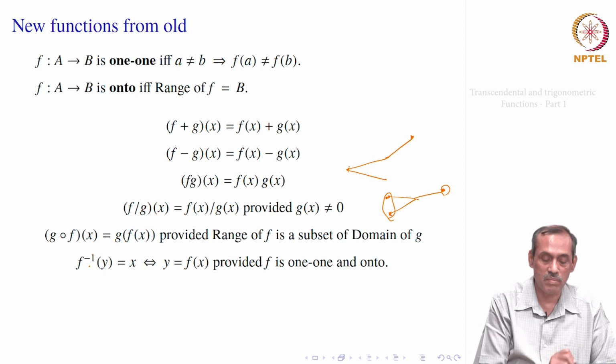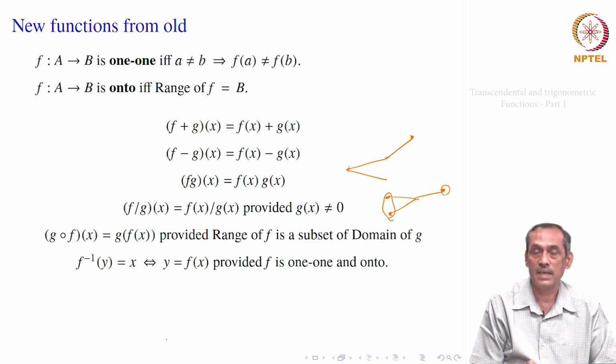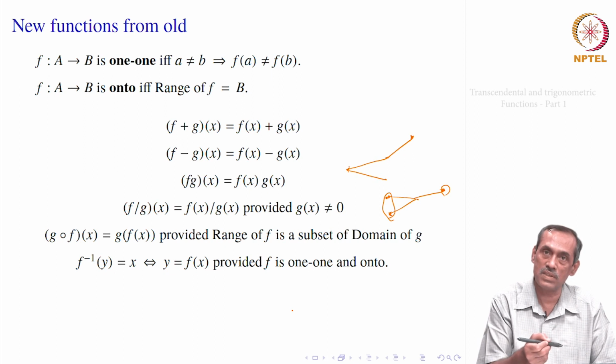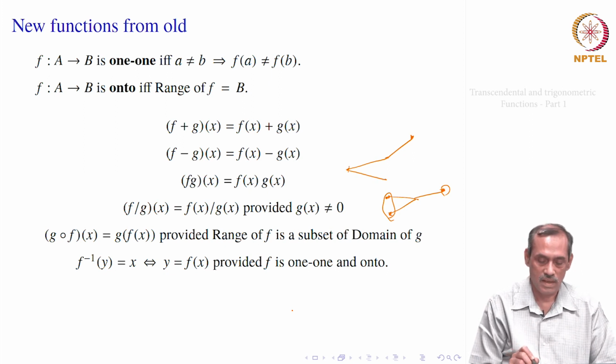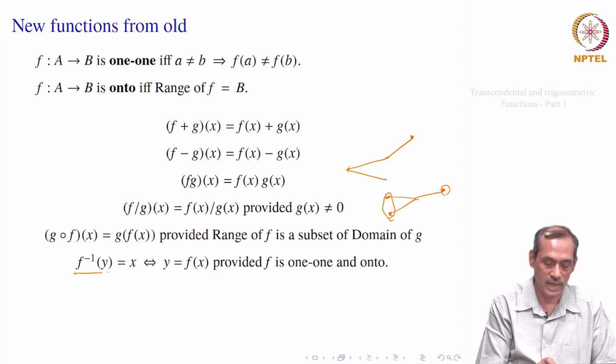So, that means f inverse will be defined provided f is both 1 to 1 and onto. If f is a function from A to B, then f inverse has to be defined from B to A. It is 1-1 onto. So, you just read the reverse arrows, then it brings you back to the same x. So, we say that f inverse y equals x if and only if y equals f x.